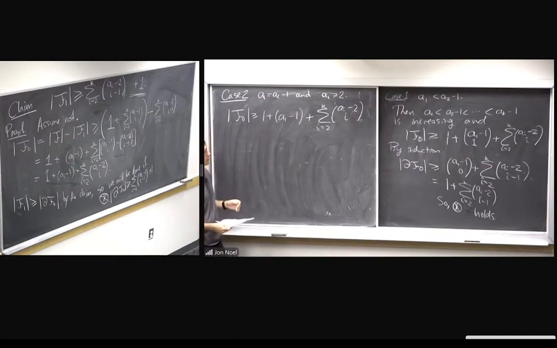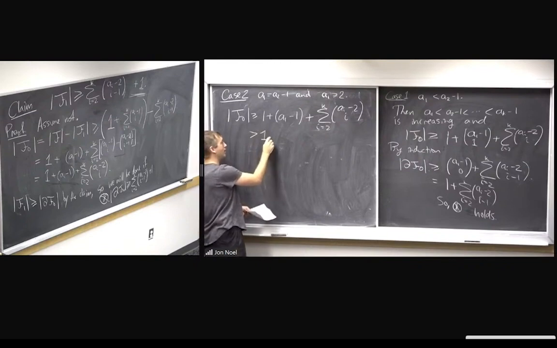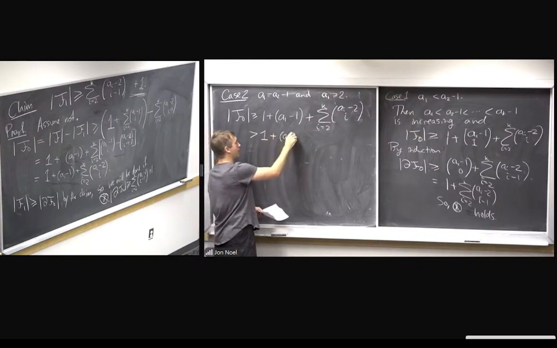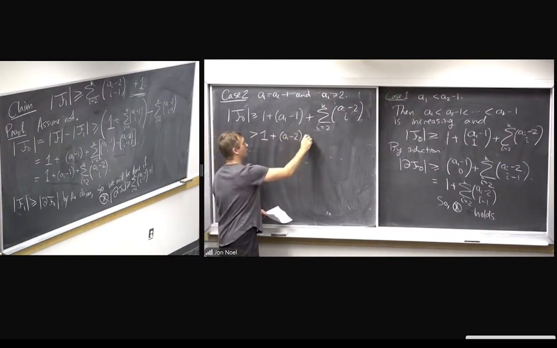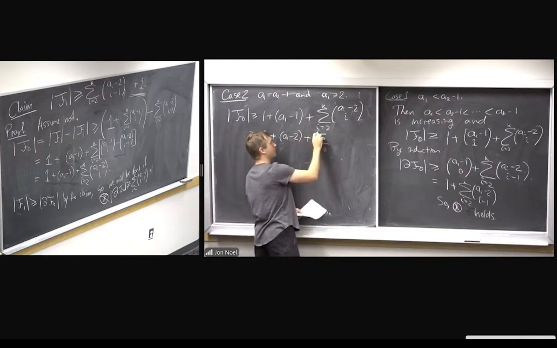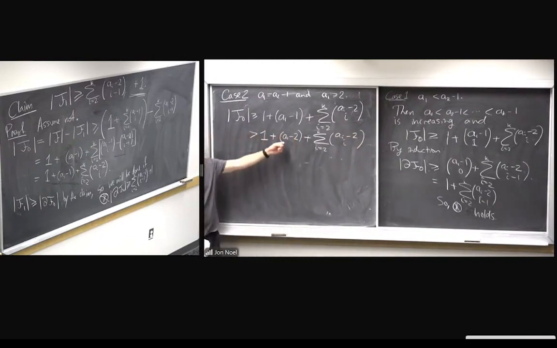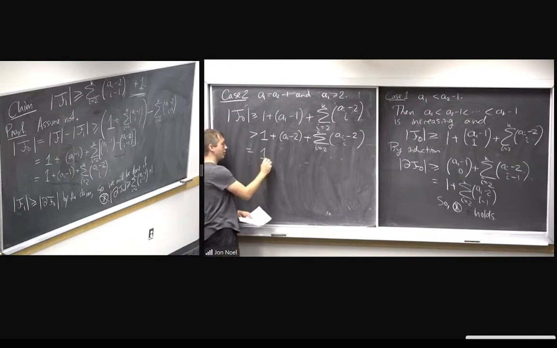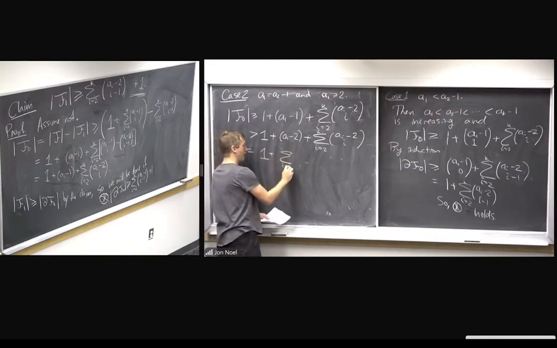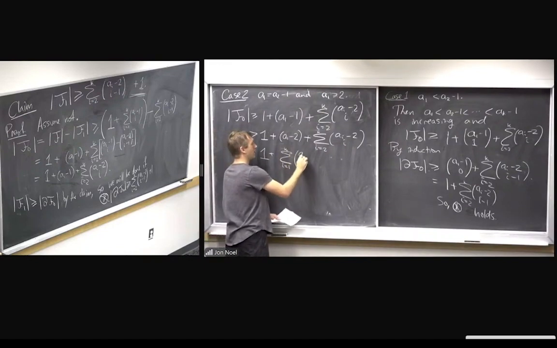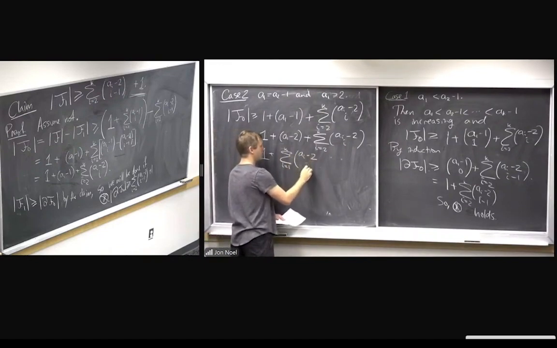This time I can actually just say, I'm going to throw away something. Just say this is strictly greater than 1 plus A1 minus 2 plus the same sum. So I've just thrown away 1. Which is equal to 1 plus the sum i equals 1 to k of Ai minus 2 choose i.